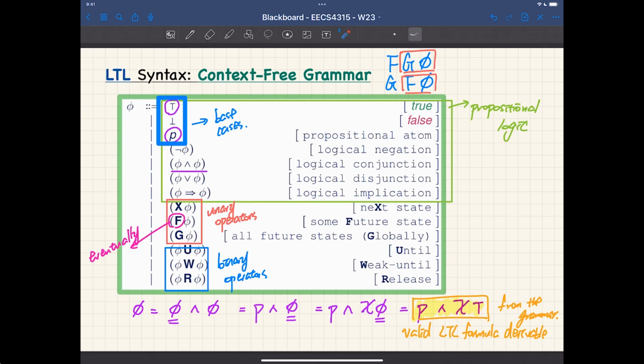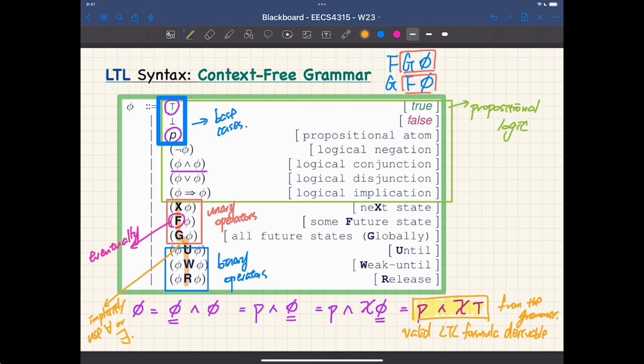So these operators implicitly have some quantification. That's the final point I would like to make here. All these operators implicitly use for all or exists. That's why we don't have that explicitly in the syntax.